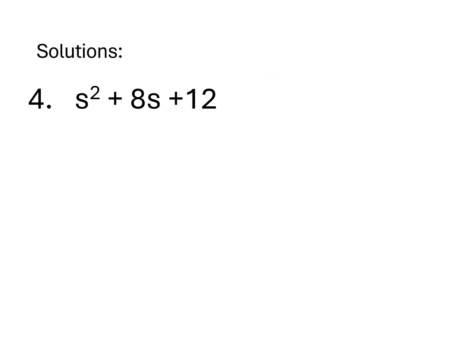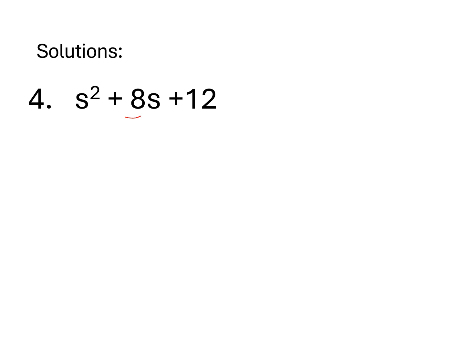To factor the polynomial expression s squared plus 8s plus 12, we start by identifying two numbers that multiply to the constant term 12 and add up to the coefficient of the linear term, which is equal to 8.